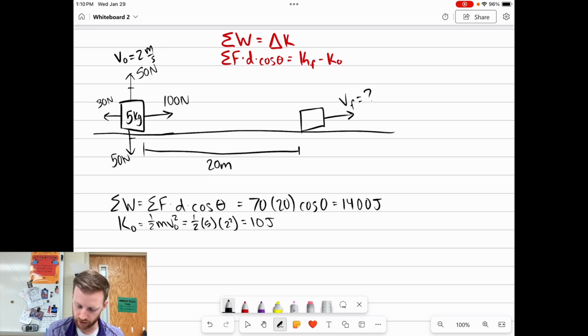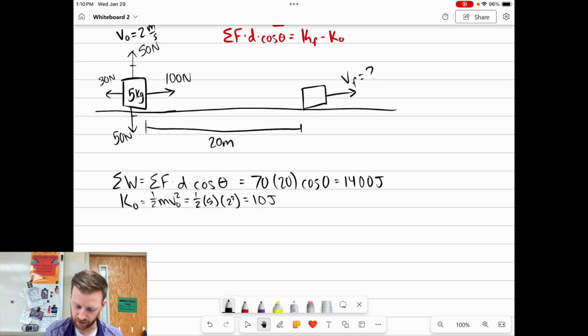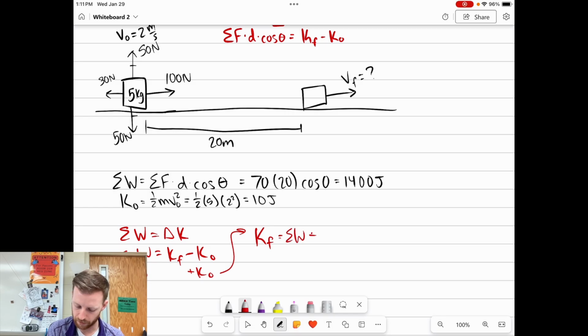Well, if we look at our work kinetic energy theorem, meaning that net work is equal to that change in kinetic energy, or the net work is equal to K final minus K initial. In order to solve here, I can add my initial kinetic energy to both sides, and that's going to get me that the final kinetic energy is equal to the net work plus the initial kinetic energy.